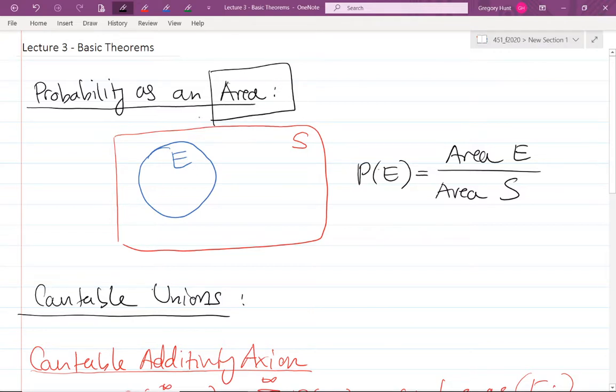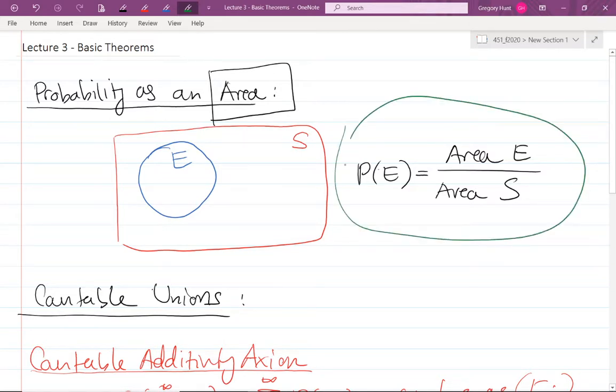So the third axiom, the first two are believable. Probability should be positive. The probability of something happening should be 1. 100% of the time something should happen. But the third one, this countable additivity axiom, is codifying our intuition about measuring areas. I said that probability can be thought of as ratios of these areas.